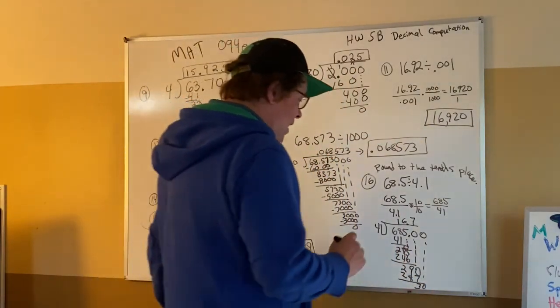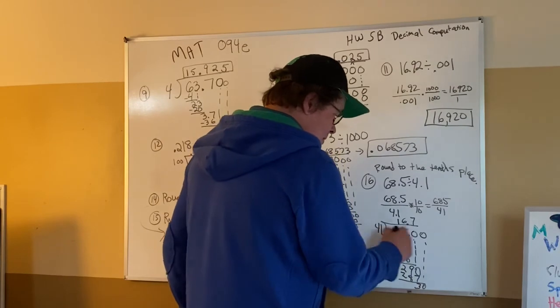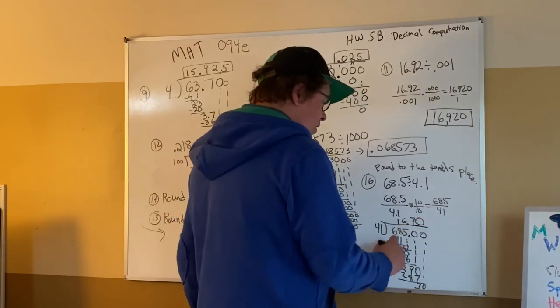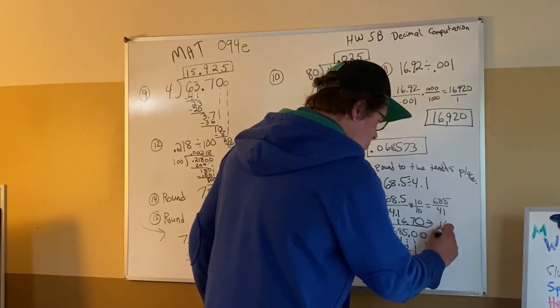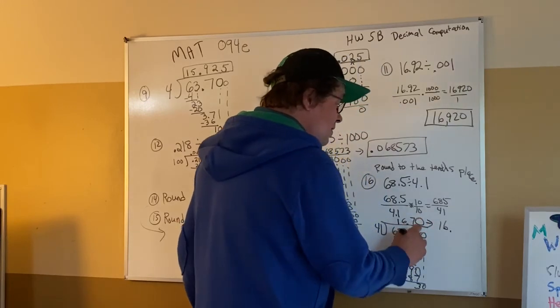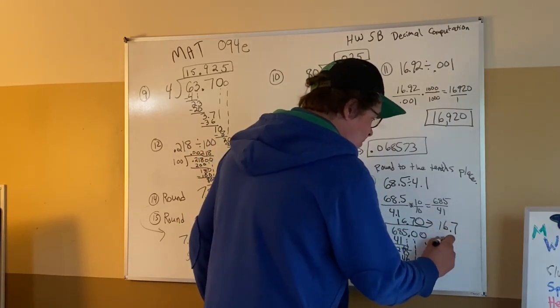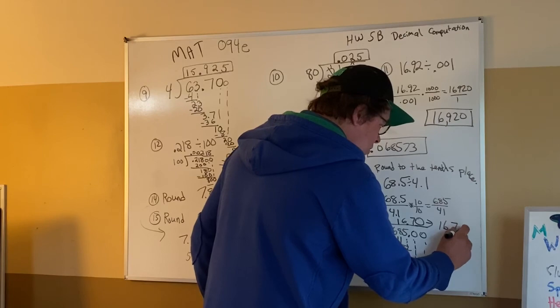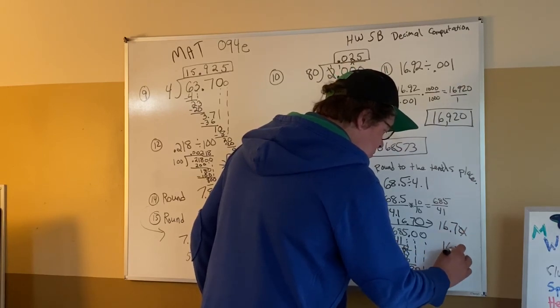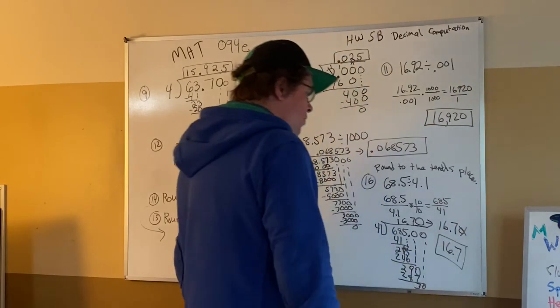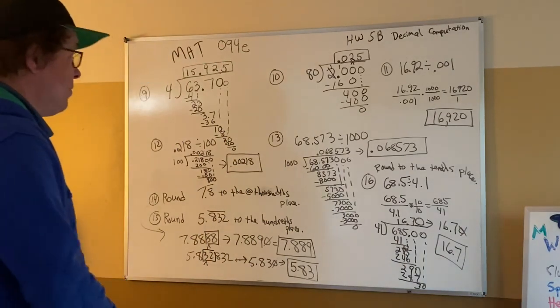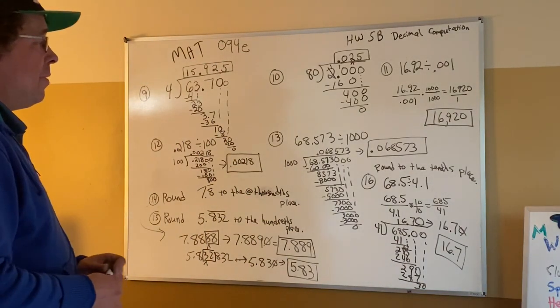That cannot handle a 41, so I need to put a 0 there. Now I'm looking at 16.70. Does not at all look like 80, and it's going to be 70. I'm going to drop off the 0. I'm going to get 16.7 for my answer to that many places. And that'll wrap up homework 5.